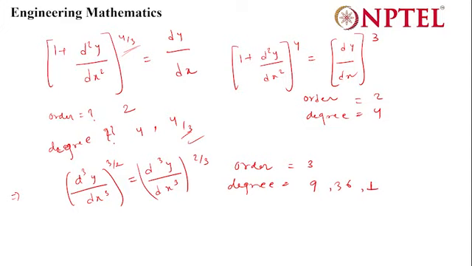Order 3, degree 4. Degree 5. Degree 6, ma'am. Order is 3 and degree is 3 to the power 9. Order 3, degree 5.